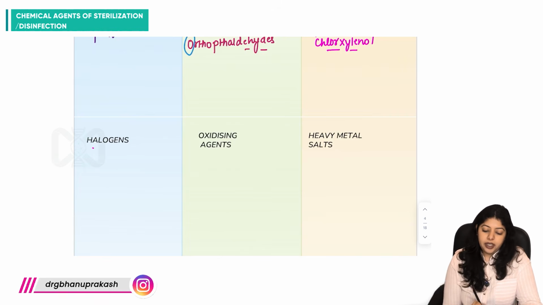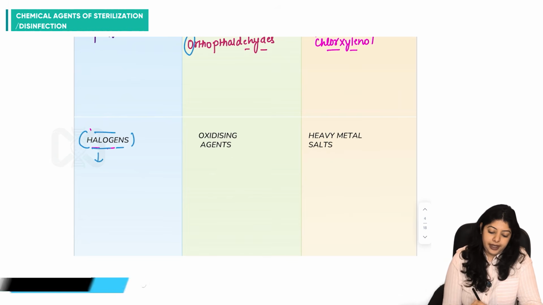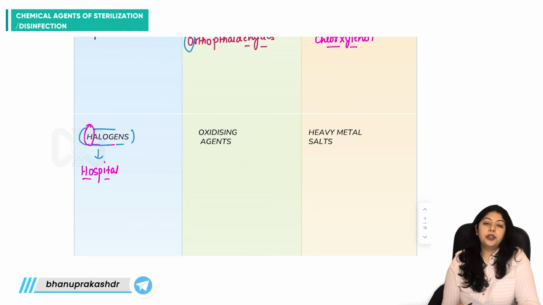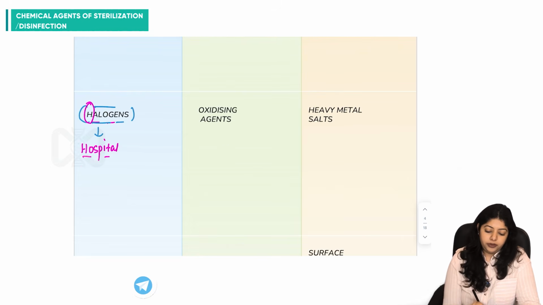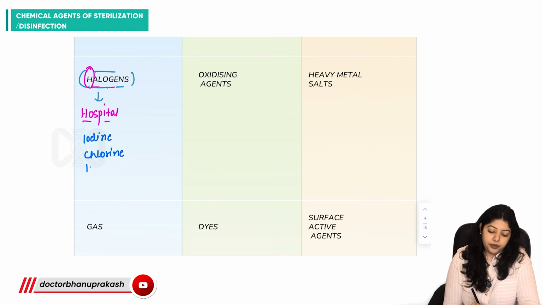Then we have the halogens. To remember halogens, we will take the first letter H. For H, we have hospitals. And most of you must know that in hospitals, we use a lot of iodine and chlorine, and the iodophores.